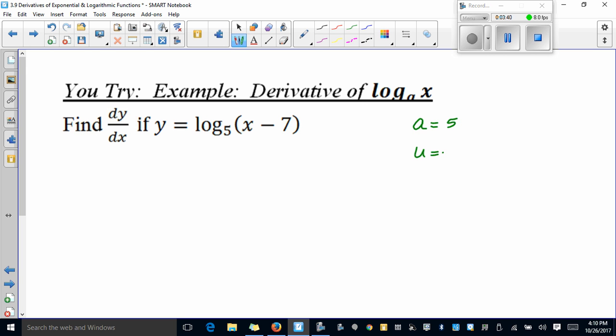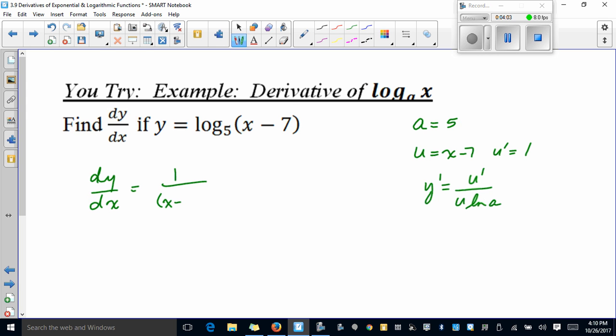And our derivative, y prime, is going to be u prime over u natural log of a. So dy/dx equals u prime, which is 1, over u, which is x minus 7, times the natural log of 5. And we're done. A little bit simpler than that last one.